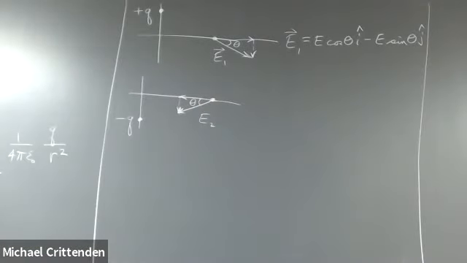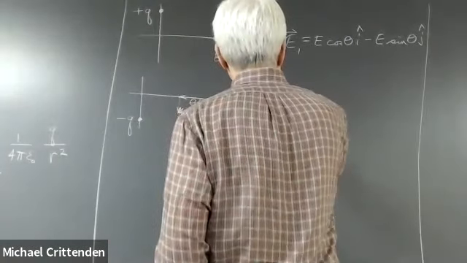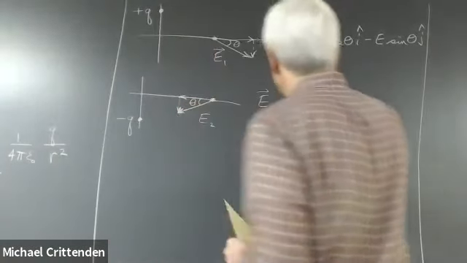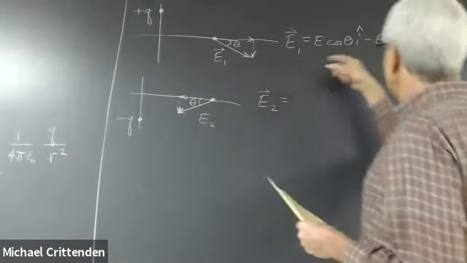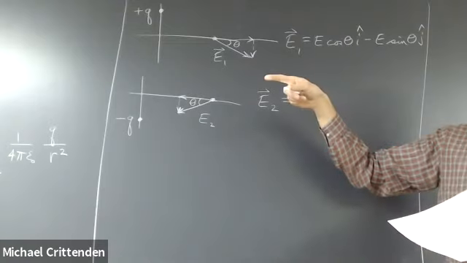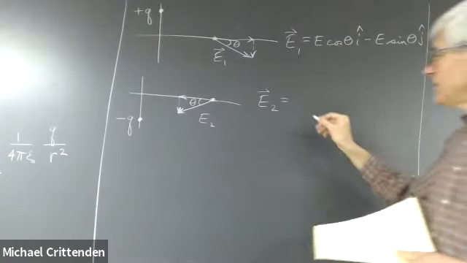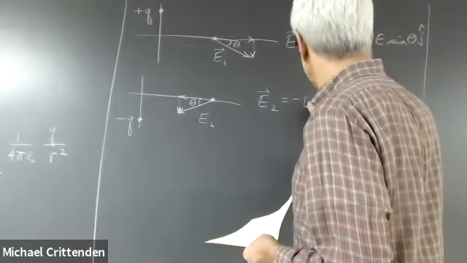Same angle theta, because the second charge is just as far below the axis as the first one was above it. E2, well, it's almost the same thing, except this time the X component points to the left. And so you get a minus sign there, and otherwise, same thing over again.